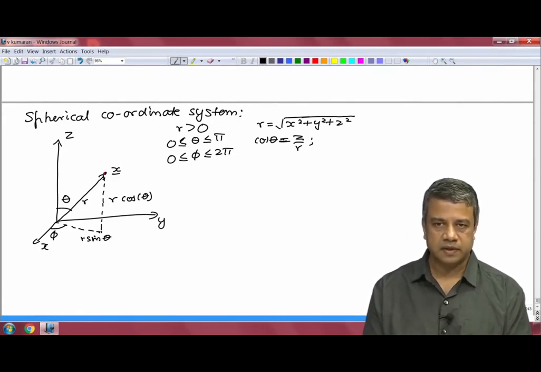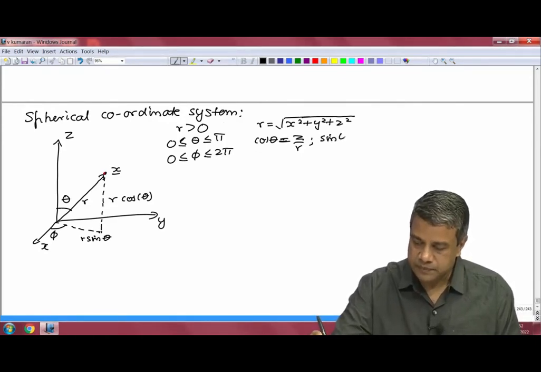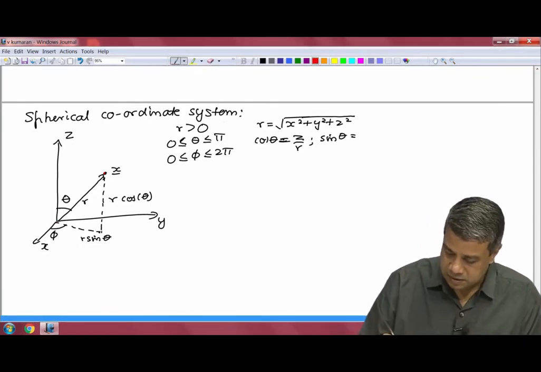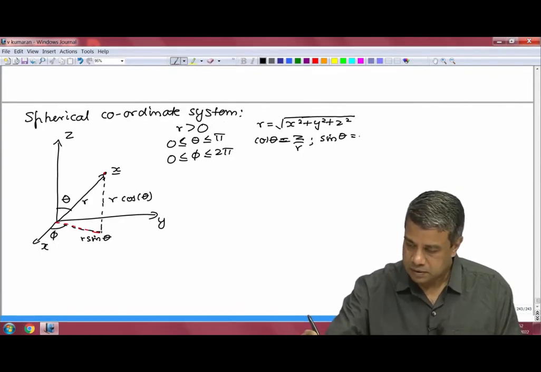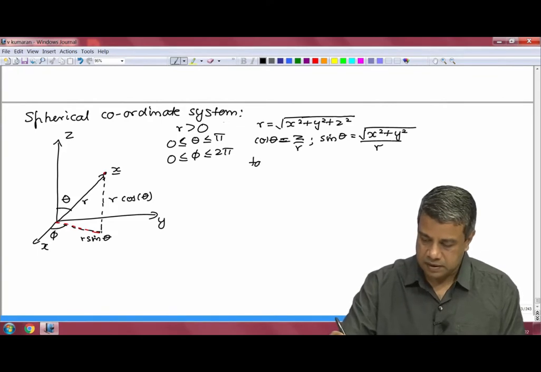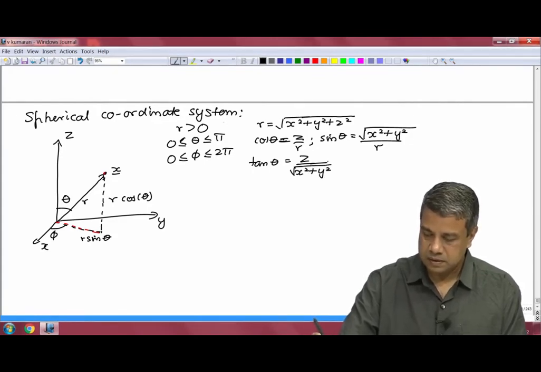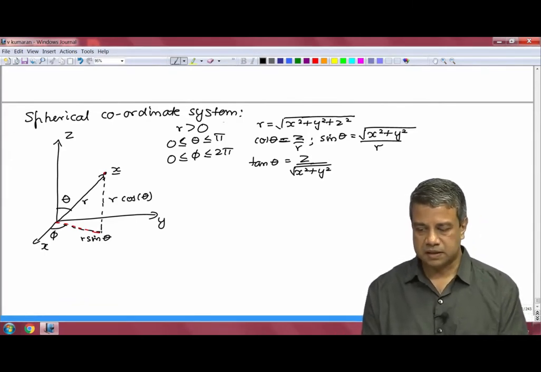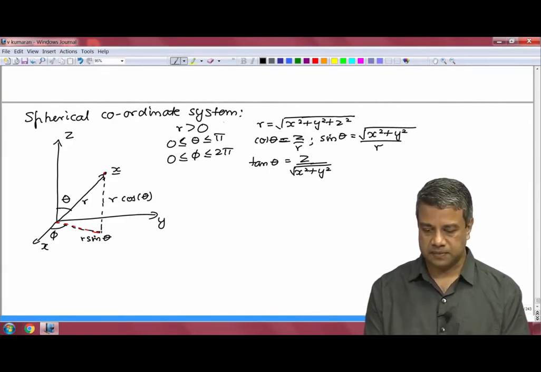Positive if it is above the xy plane, negative if it is below the xy plane, and sin theta is equal to this projection divided by r. Or alternatively, tan theta is equal to z by root of x square plus y square. That is the relationship between theta and the Cartesian coordinates x, y, and z.